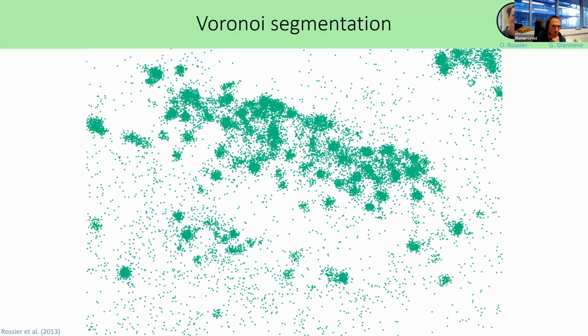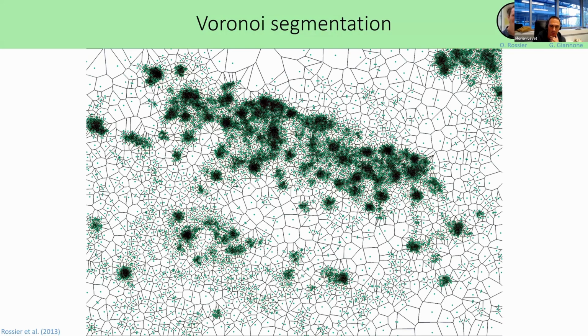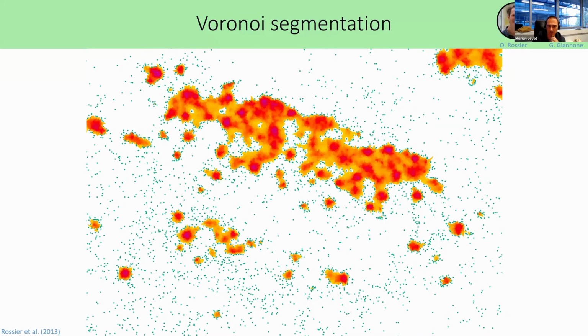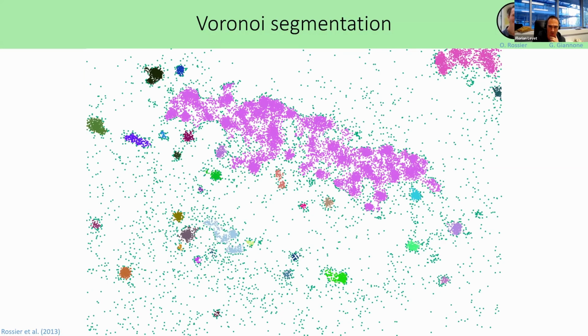And so if you have this data set again, so that's the adhesion site, you compute the Voronoi diagram, you compute the local density, you apply 1 times the average density, and you end up with this segmentation. But then you will say, okay, you managed to segment the cluster in the background, but then you also segmented the whole adhesion site. Yes, that's true. But now what I explained on the whole data, you can also do it for each of the objects.